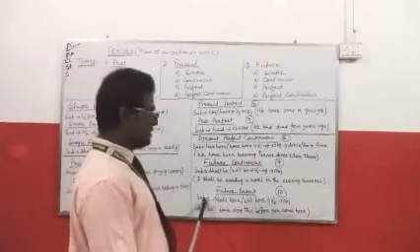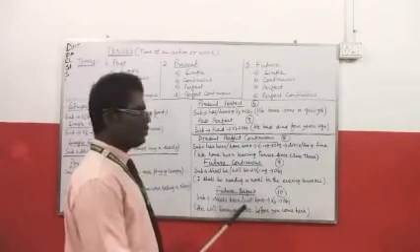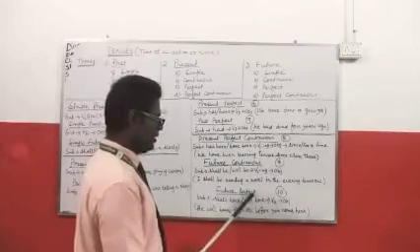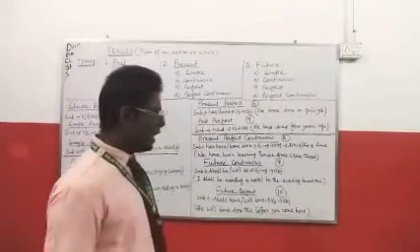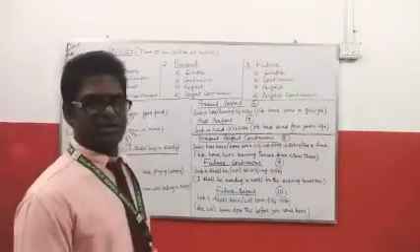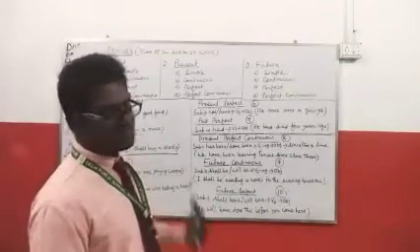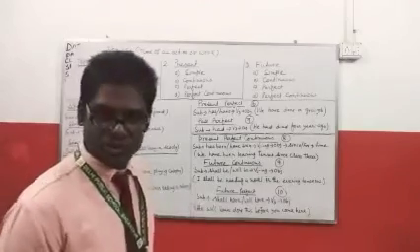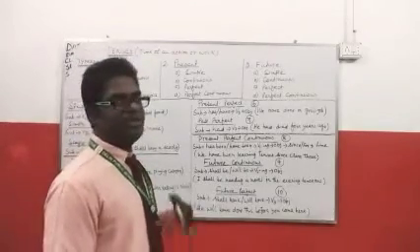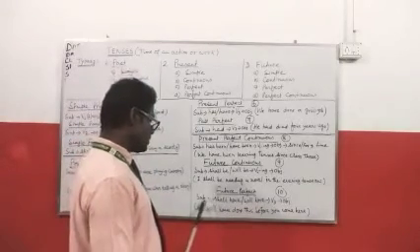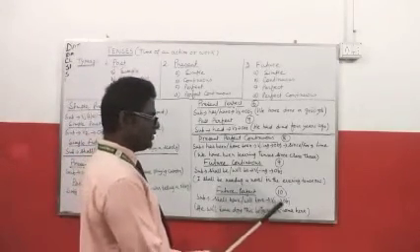Here the structure you can see: subject, shall have or will have, then V3, then object. Perfect means always V3, and perfect means has or have must be there. Any perfect, maybe present perfect, maybe past perfect, maybe future perfect, has or have must be used. Okay, and V3 must be used. Just remember this. So shall have, will have, V3, object.